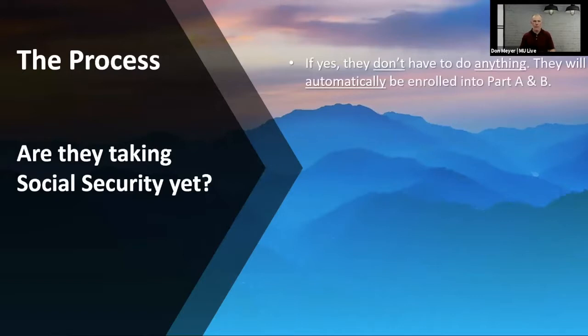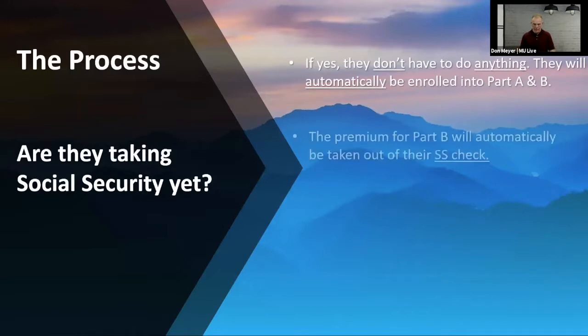My first question is, are you taking Social Security yet? Because if yes, they don't have to do anything. They will automatically be enrolled into Part A and Part B. And the premium for their Part B will automatically be taken out of their Social Security check.